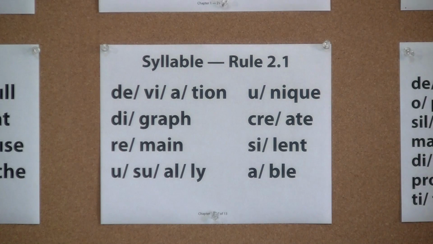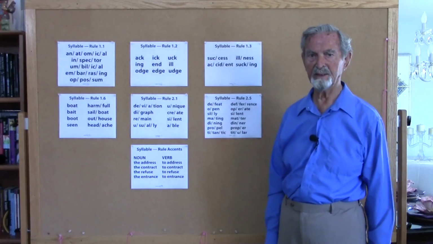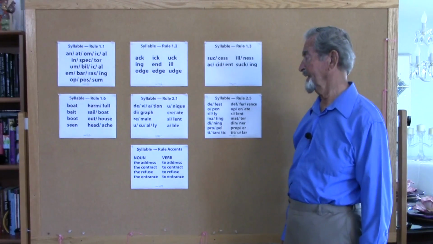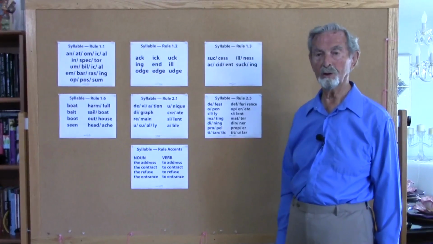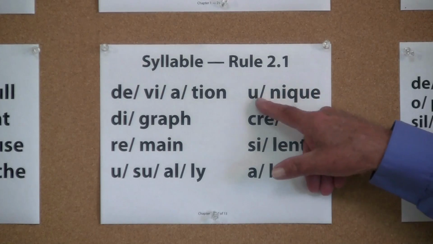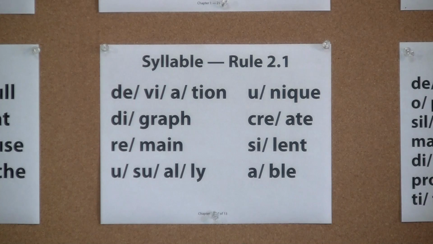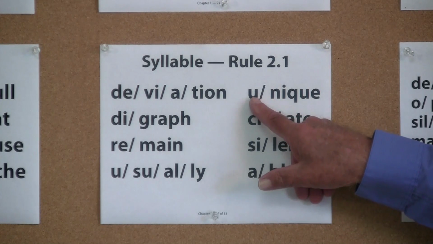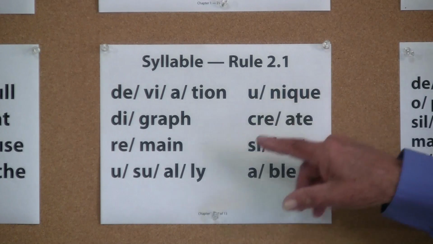The D, the V, and the A are considered open syllables. They're not followed by a consonant, and they have the long sound. Unique. We cannot call that unique. Unique. It is unique. We have the long U sound.